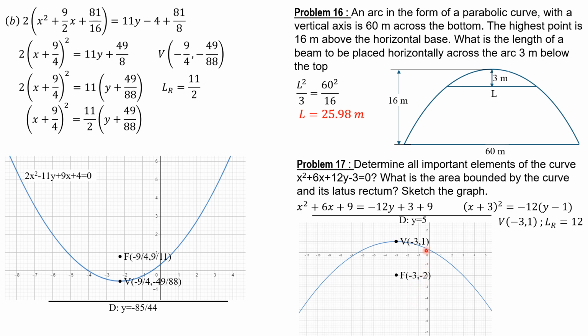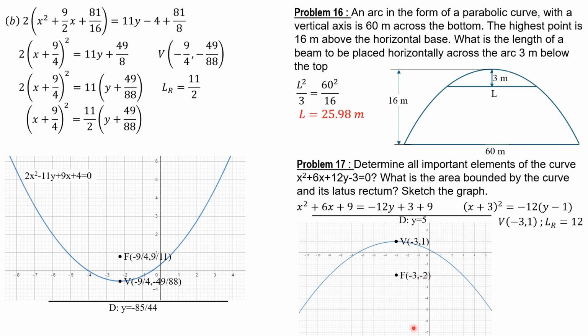So, negative 3, comma 1, the directrix is y equals 4. So, y is 4. The focus is negative 3, comma 1 minus going down. So, 1 minus 3 is negative 2.